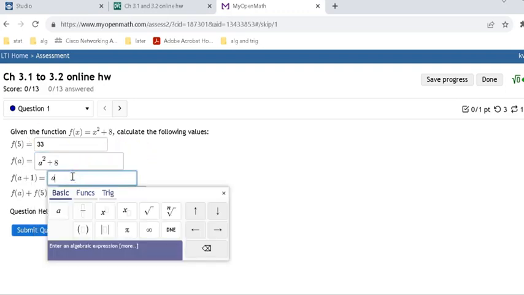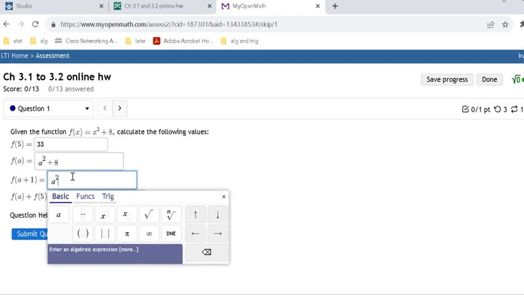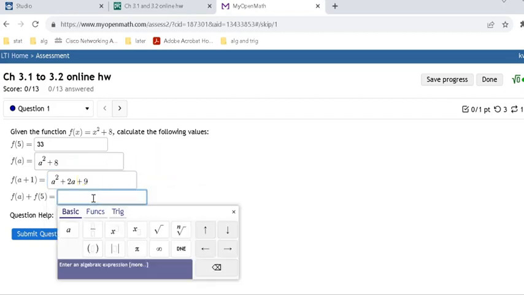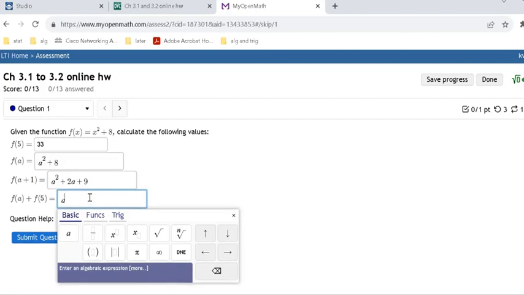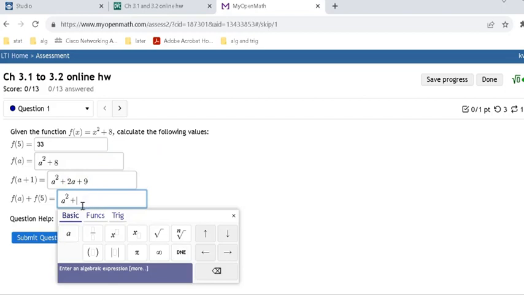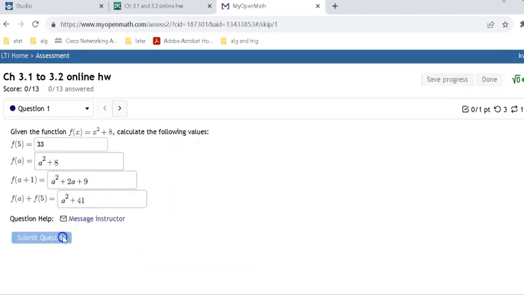Next one was a squared plus 2a plus 9, I think. And then this is a squared plus 41. Oh, sorry, plus 41.